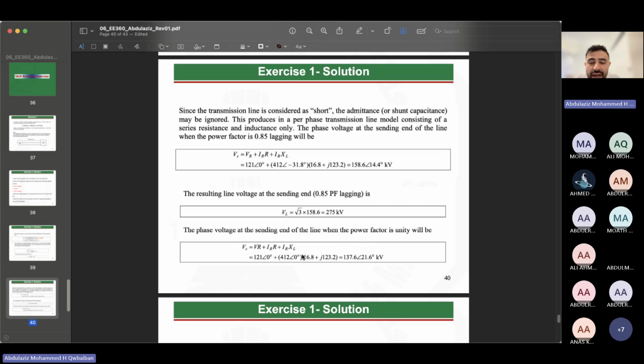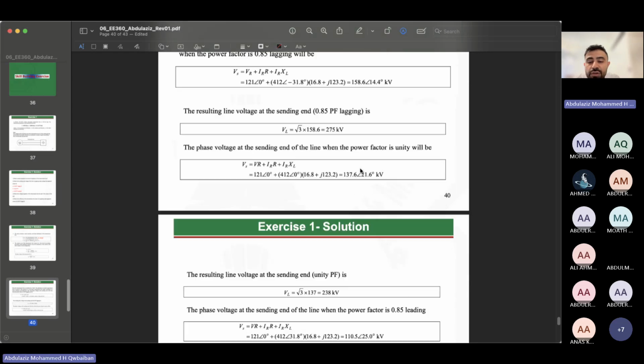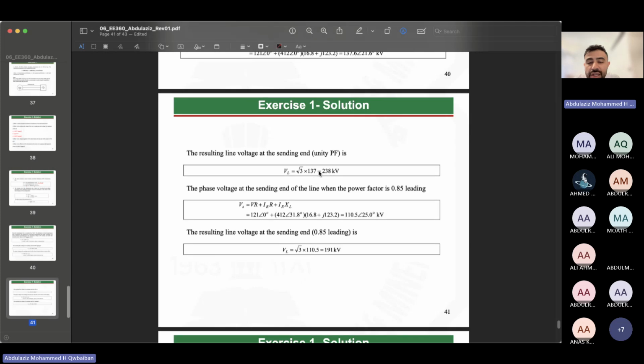The unity power factor, the angle here is 0 degrees, so it will change Vs to be 137.6 angle 21 compared to 158. If you do leading, same for line, multiplied by square root of 3. If you do Vs for 0.85 leading, the angle will be plus 31.8 and should give you 110 angle 25.